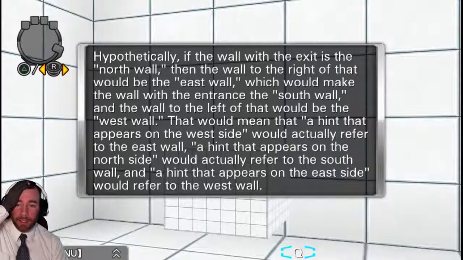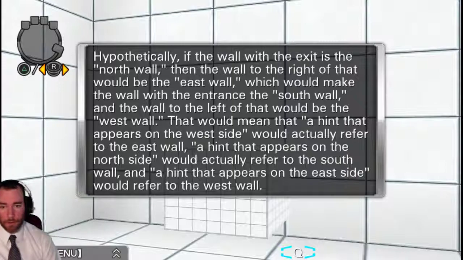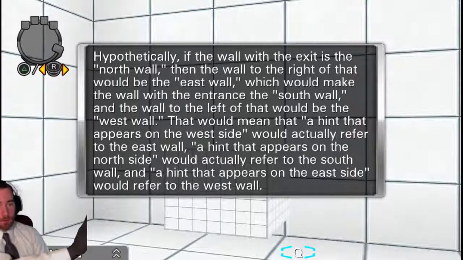That would mean that a hint that refers to the west side would actually refer to the east wall. A hint that appears on the west side projects onto that east wall.